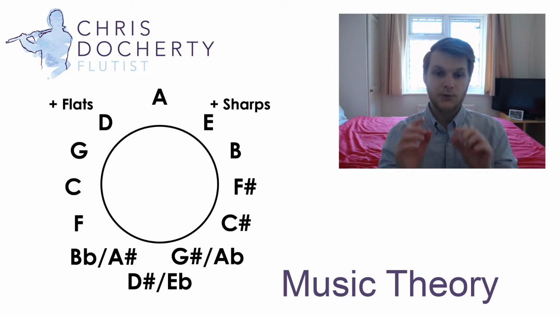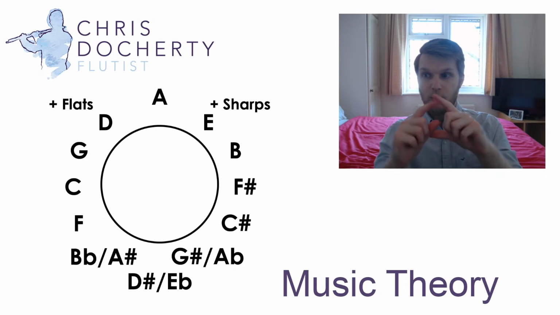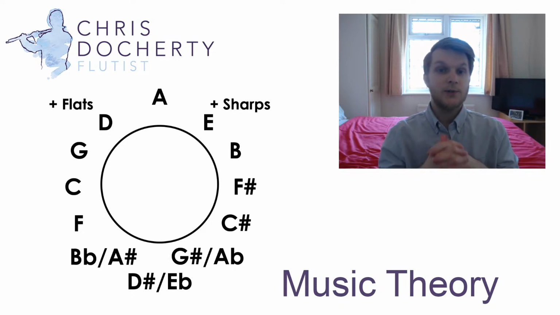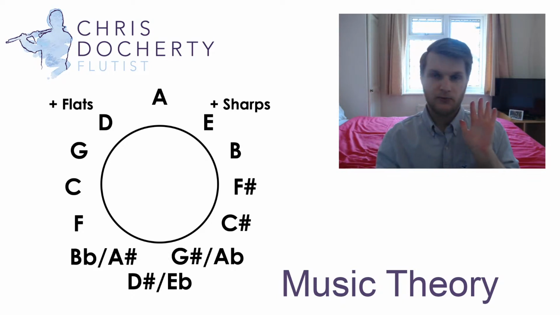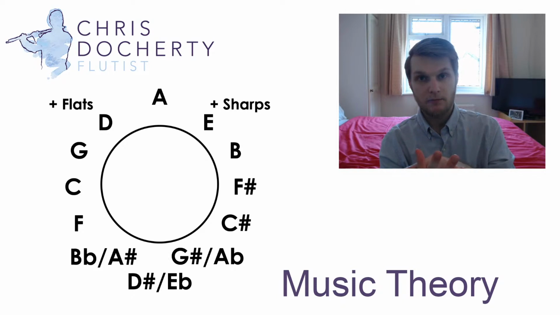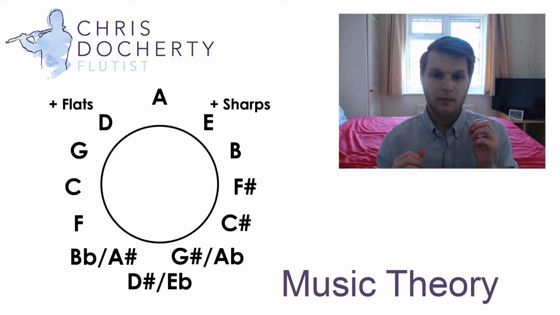So we'll start with A minor, which is the top one in the middle. And to find the next sharp key, using exactly the same method as we did for the majors, we're going to count forwards through the alphabet 5 letters. A, B, C, D, E, and we get to E minor.